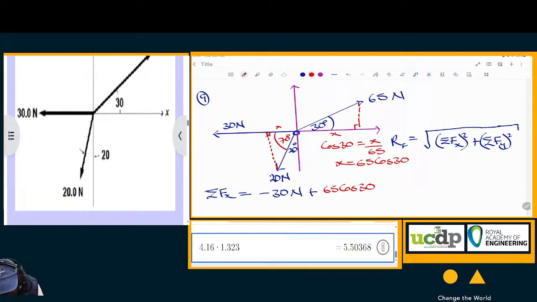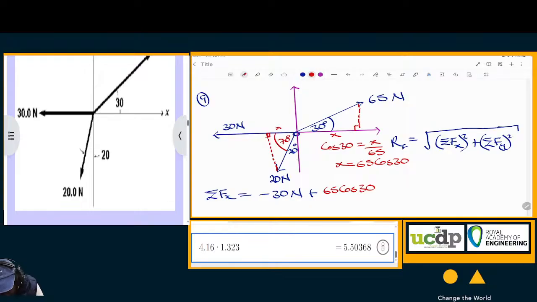So cos 70 equals adjacent over the hypotenuse, which is 20, which means x1 will be equal to 20 cos 70.